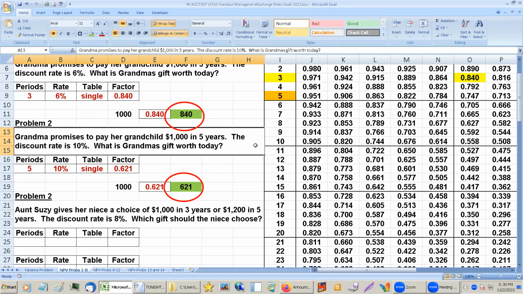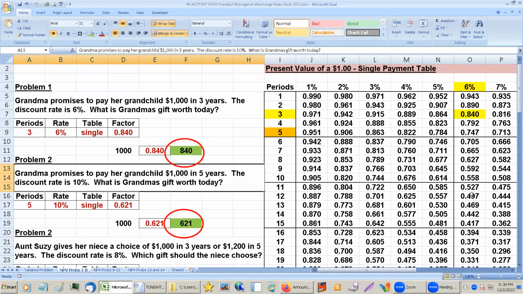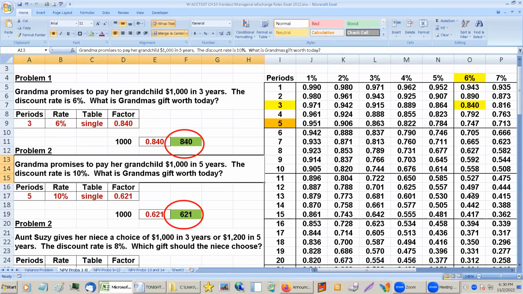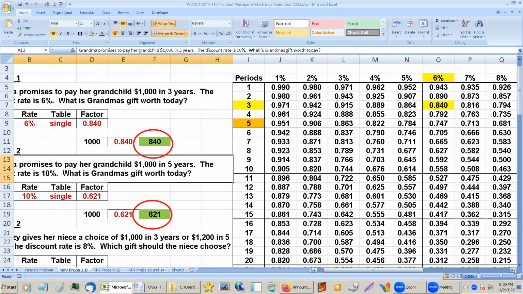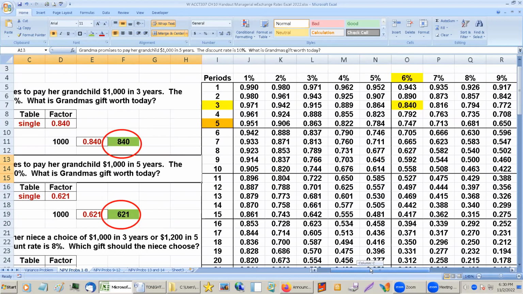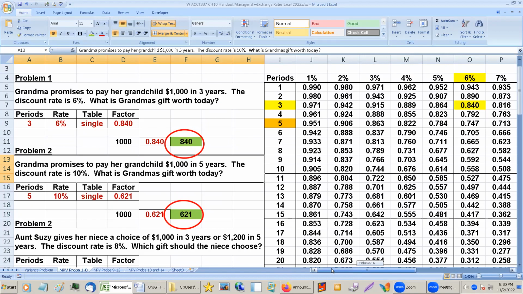Okay, so why is grandma's second gift less? They're both $1,000. Why is number 2 less than problem 1?